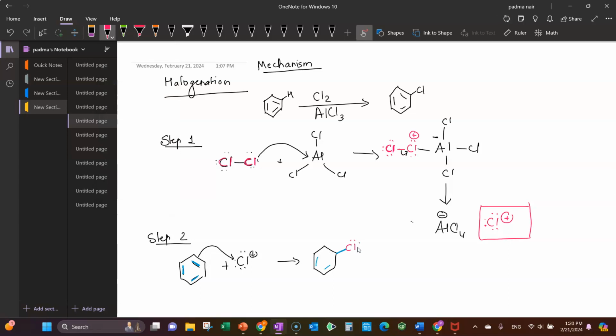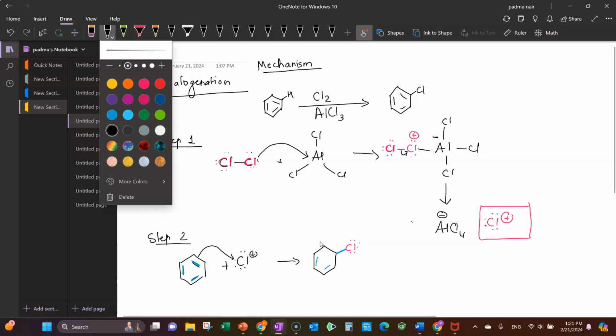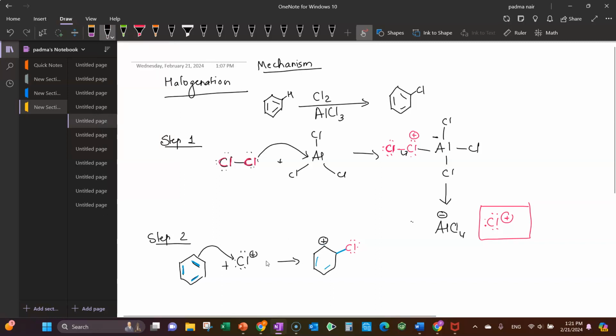Okay, so this carbon, which was using this pair of electrons to fulfill its valency with the neighboring carbon, now is short of electrons, so it gets a positive charge. This is called a sigma complex. Okay, this is called a sigma complex.